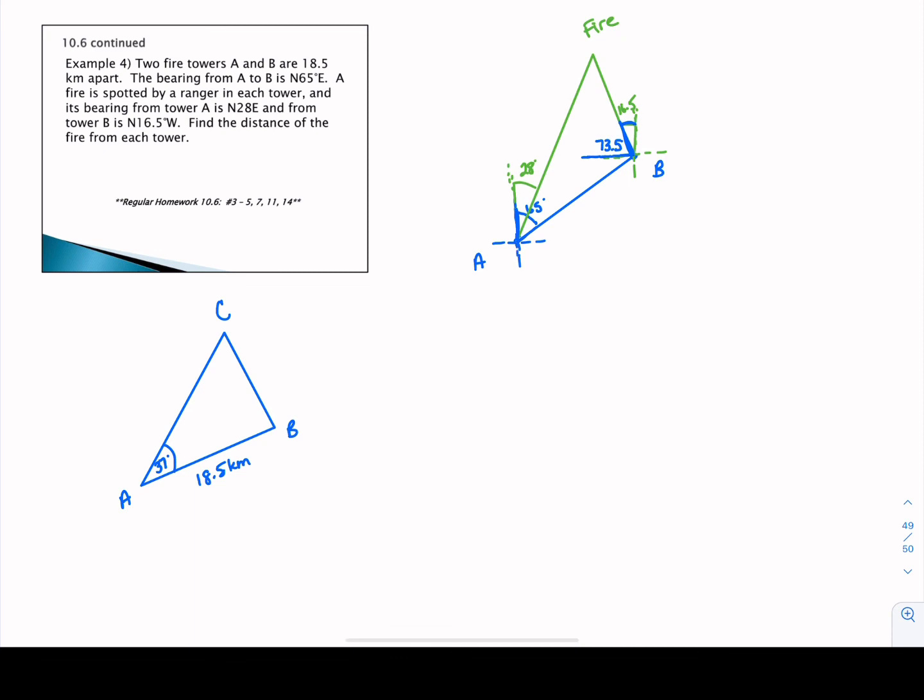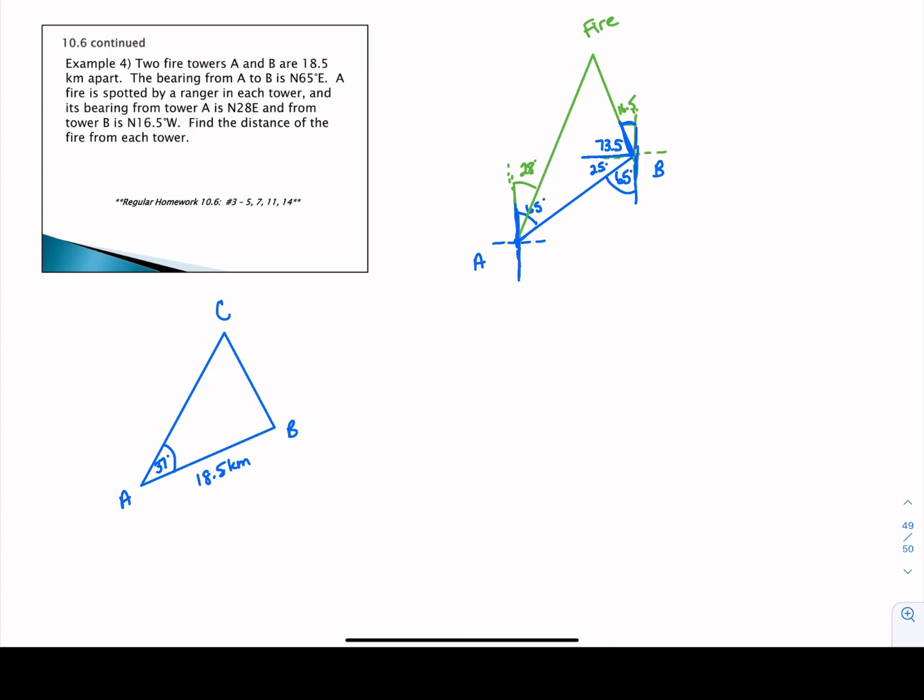If I have these north-south lines as parallel lines, then I know that 65 degrees sitting on the top side is alternate interior to 65 degrees sitting on the outside here. So if I take the difference between 90 and 65, because that makes a right angle, I have 25 degrees measured on that inside segment, because I can see clearly that 25 and 65 gives me a total of 90.